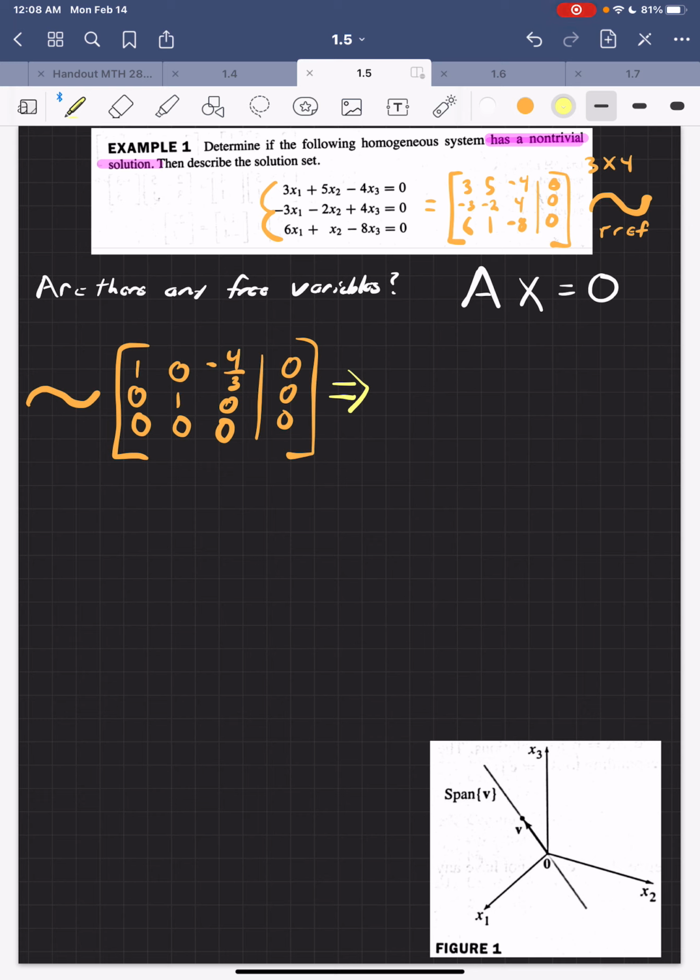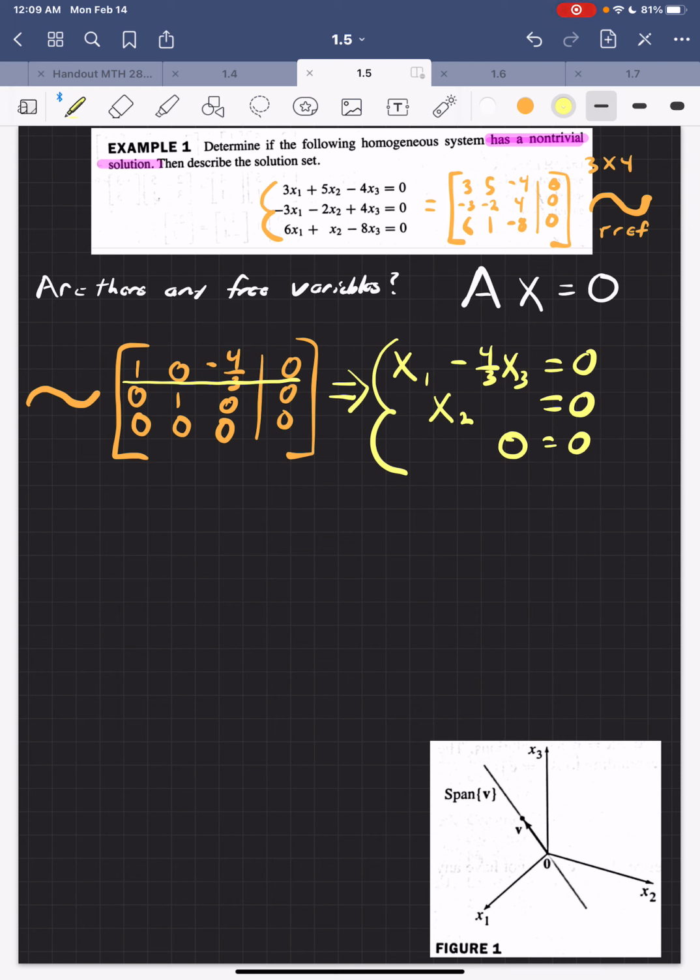So what we have is x sub 1 minus 4/3 x sub 3 equals 0, right? That first row translates to that first equation. That second row translates into x sub 2 is equal to 0. And of course, that third row translates into the third equation, 0 equals 0.